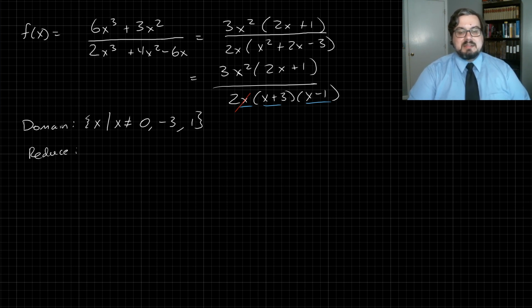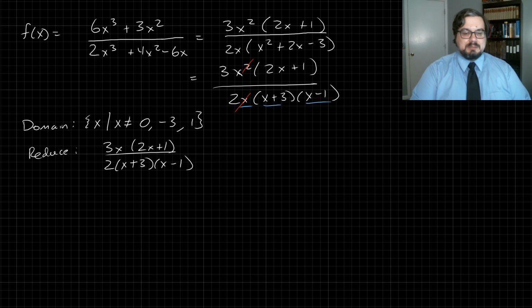The x in the denominator can cancel with one of the x's in the numerator, and we're left with 3x times 2x plus 1 over 2 times x plus 3 times x minus 1. Each of these factors in the reduced denominator give us a vertical asymptote. So that tells us that the vertical asymptotes of this function occur at x equals -3 and x equals 1.